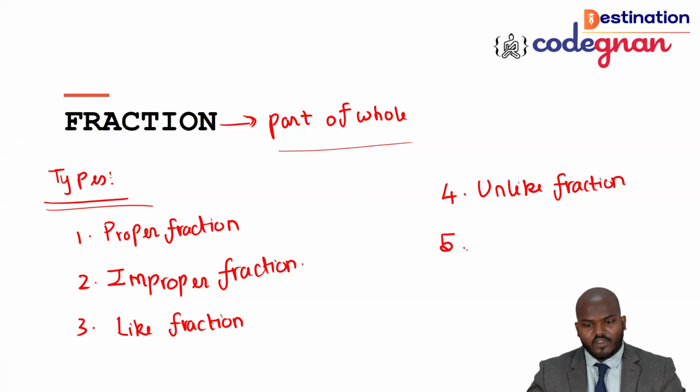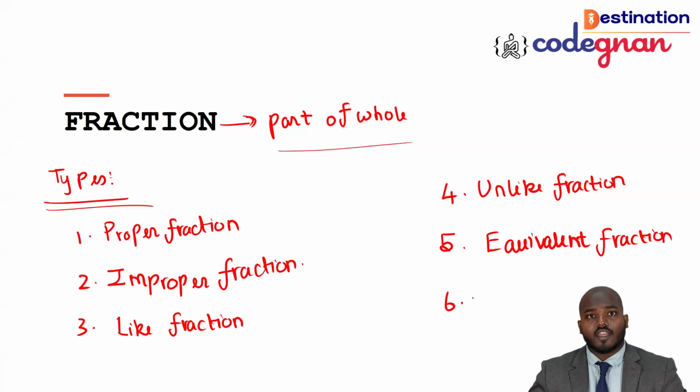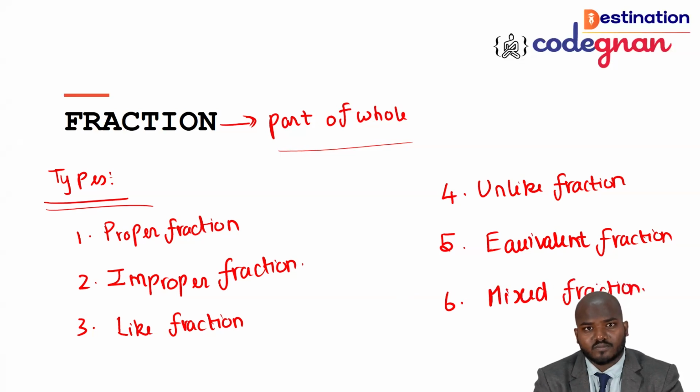And the fifth one, we can call it what? That is called equivalent fraction. And the sixth one, what can we call it? That is called mixed fraction. Okay. So these are the very common types of fractions you must know.